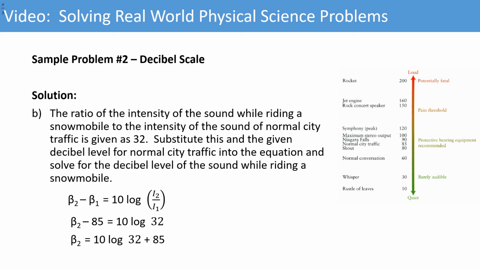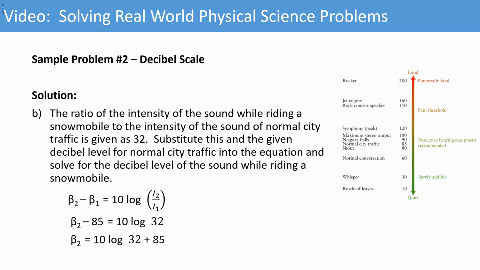Again, the formula, beta 2 minus beta 1 is 10 log intensity 2 divided by intensity 1. So beta 2 minus 85, which is normal city traffic from our chart, is equal to 10 times the log of 32, which is the intensity given in the question.